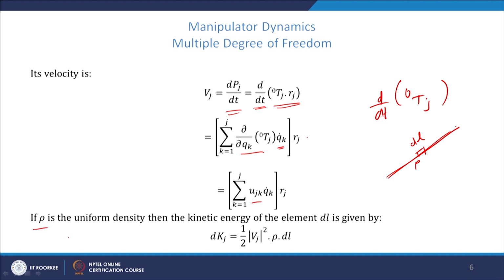If rho is the uniform density, then the kinetic energy of an element of length dl is given by half into mass, which is rho into dl, into velocity square. The velocity of that element is v and the modulus of velocity square can be taken. So, the kinetic energy of the small element of mass can be calculated by this formula.